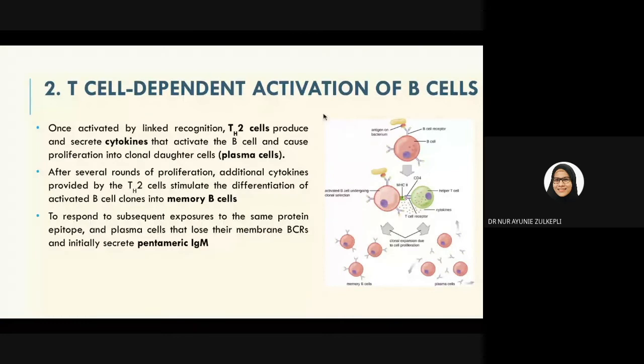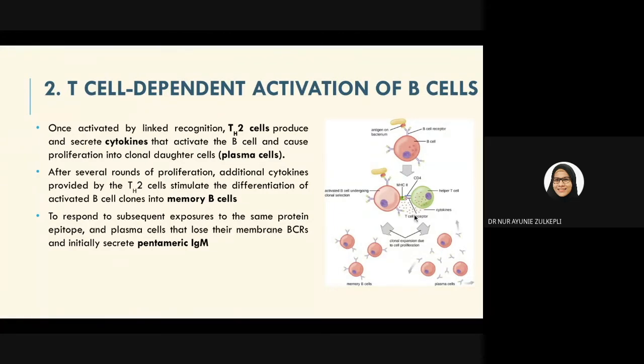Once the B cell is activated, the T helper type 2 will produce and secrete cytokines that activate the B cell and cause proliferation into clonal daughter cells or plasma cells. Upon making contact, the cytokine will be released.